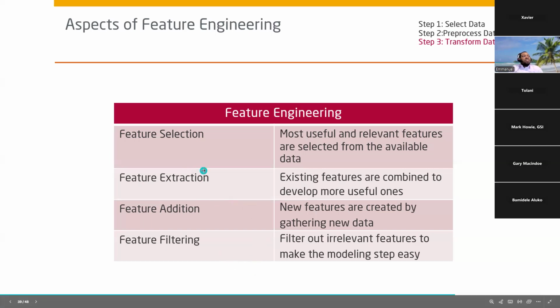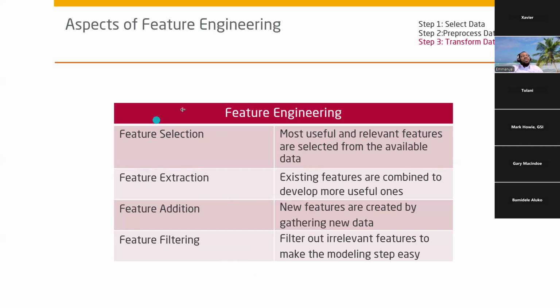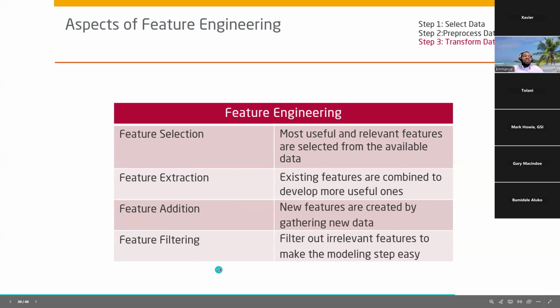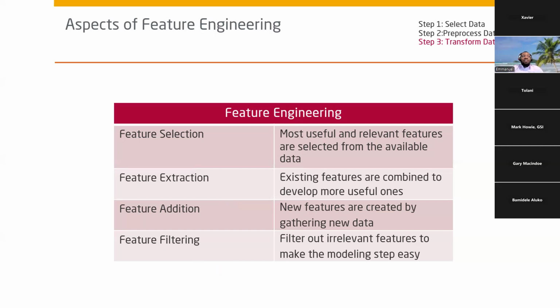But one thing I would say is that whether intentionally or not, I think everyone on this call has done the first three: feature selection, extraction, and addition. We've done it in some ways. That's why I used to say some of these things are just something that we are doing, just that we don't know that is what we are doing. So it's good that we are giving it more attention.